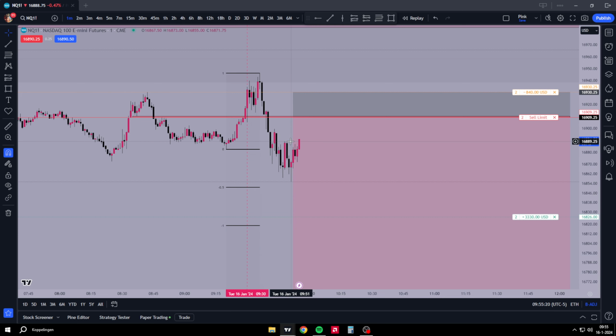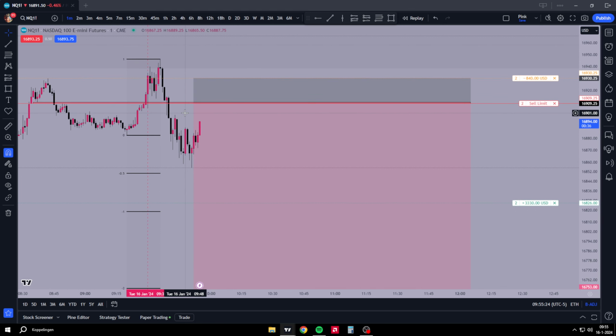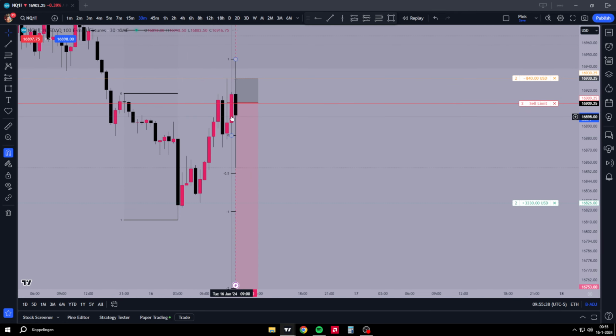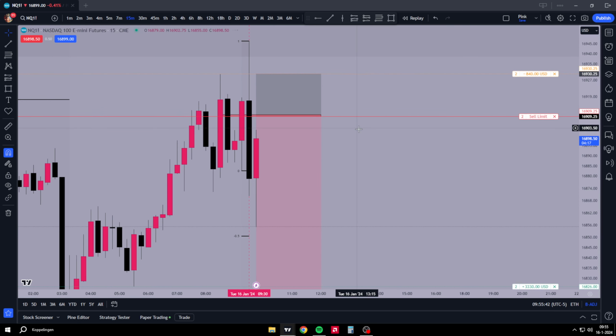All right. Still 5 more minutes. We could tap into that Reaper and we could even go lower. So we could tap into that Reaper and still close below the consequent encroachment. So let's see what we do. We're close. 50-minute Reaper here.